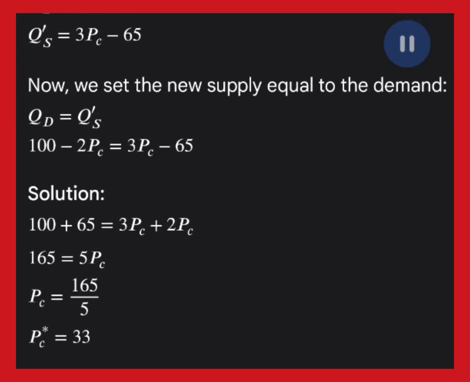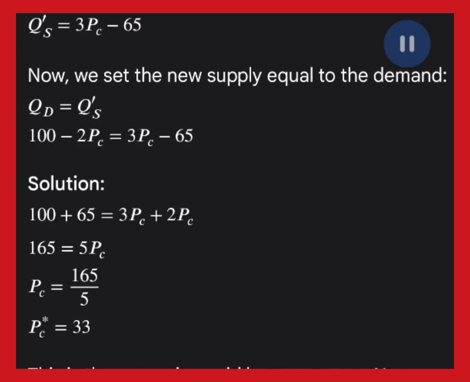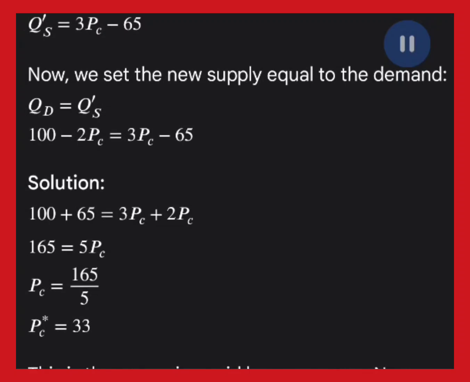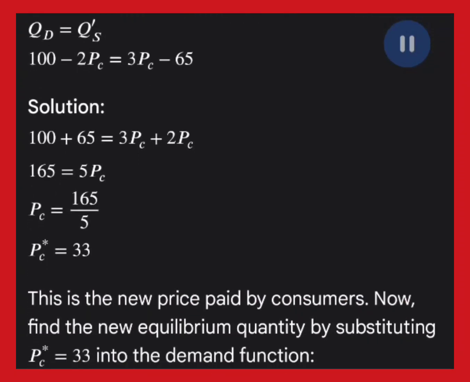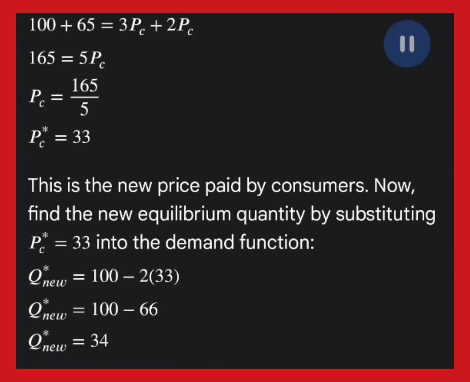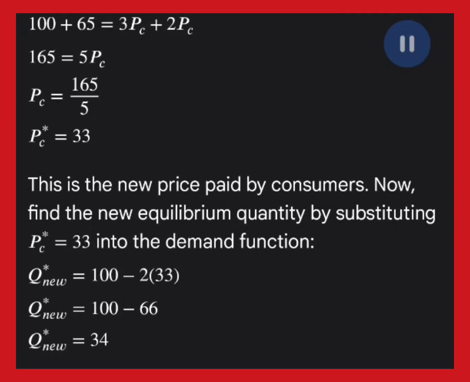Solution. 100 + 65 = 3P_C + 2P_C. 165 = 5P_C. P_C = 165/5. P_C = 33. This is the new price paid by consumers.